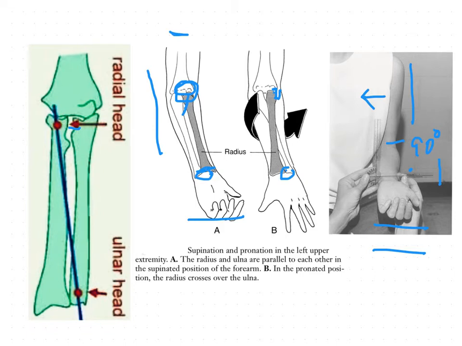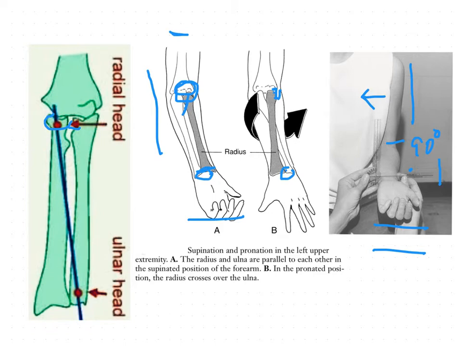And the annular ligament around the radius is to maintain stability of the proximal radio-ulnar joint by holding the radius in close approximation to the radial notch. So these are the things happening during the range of motion.